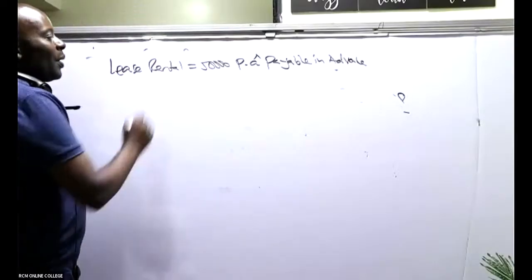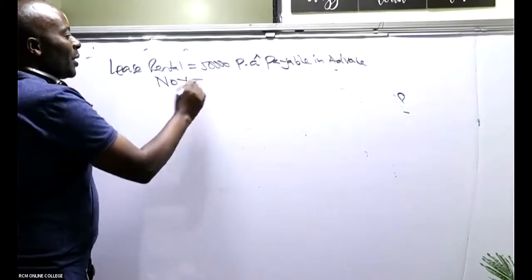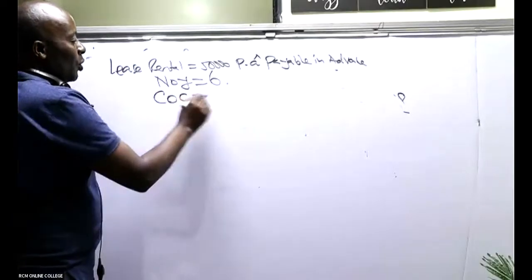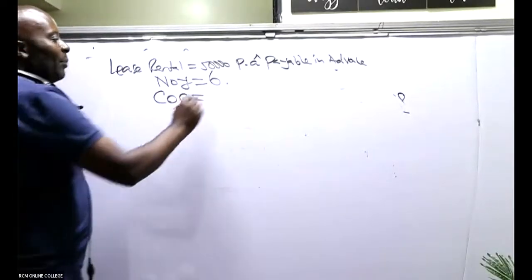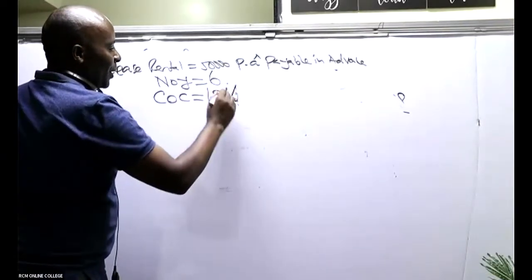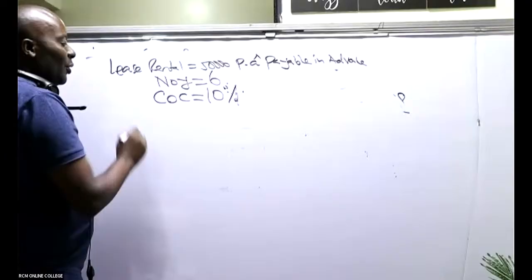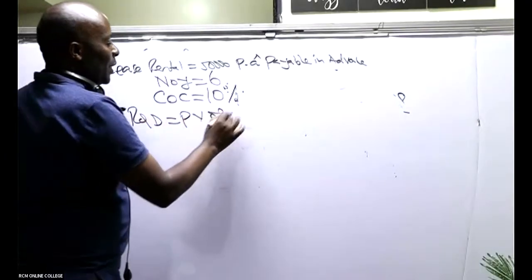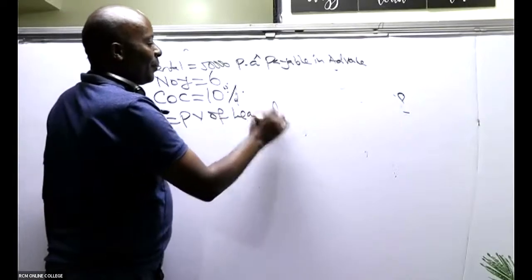Number of years is 6, for example. They'll come and give you the cost of capital, let's use 10%. And then, of course, you'll be required to give us the present value of lease liability.